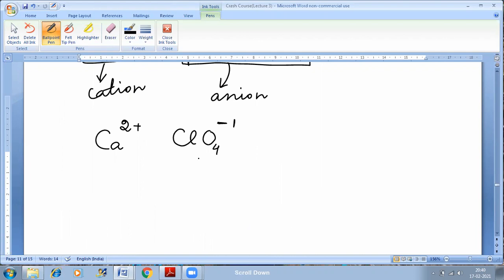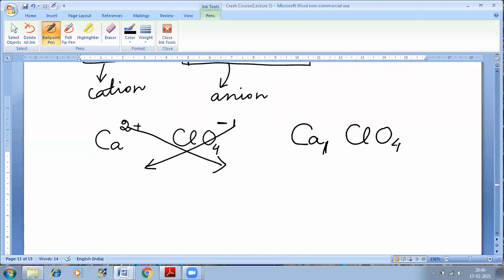Now I can write the formula of the salt. How? This 2 will come here, this 1 will come here. So Ca, this 1 comes down, and the 2 also goes to the other side. So I have to write 2 after ClO4 as a subscript. I must put brackets and then write 2.